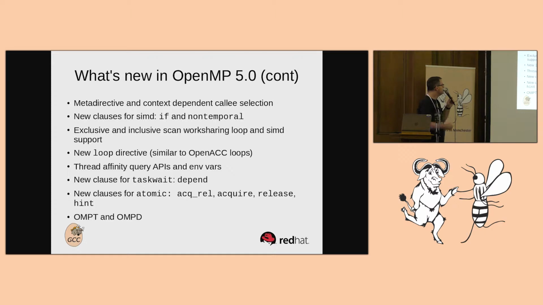All you tell the implementation, if it's not obvious from the source, is at what kind of parallelization level you are in. So if you are at the teams level, which is OpenACC gang, or if you are in the parallel level at the thread level, that's OpenACC worker, or if you are at the SIMD level, and there are limitations, like you can't use OpenMP APIs inside of the loop and so on, and basically do something fast. That's not implemented yet either.